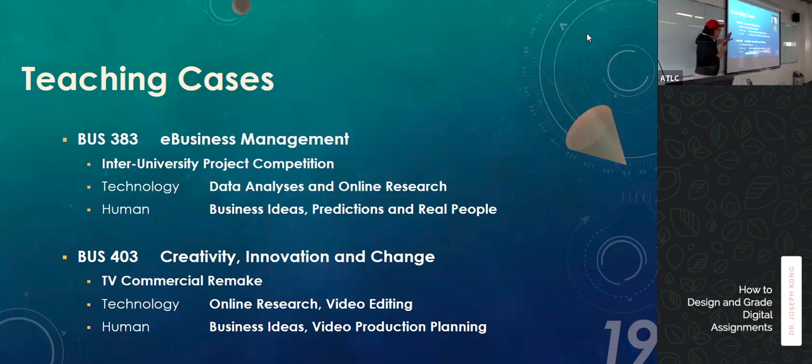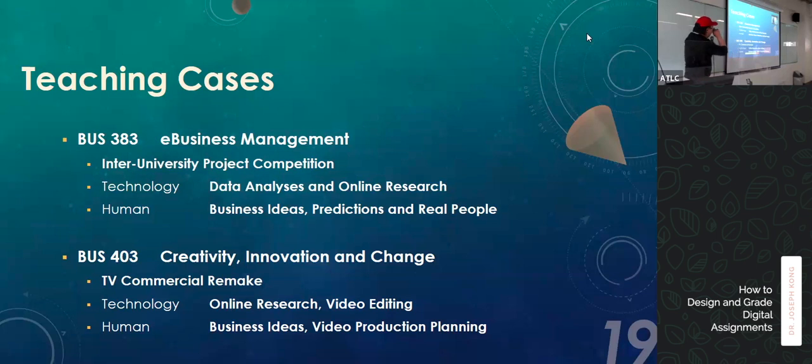Now, when I design what kind of assignments and group projects to include in my courses, I always look at what technology or technical digital element to include in my assignment design. But at the same time, to take advantage of the weakness of AI, I also need to look at what kind of human elements should be used for the evaluation and also the grading.